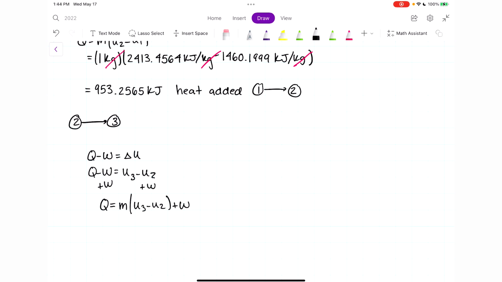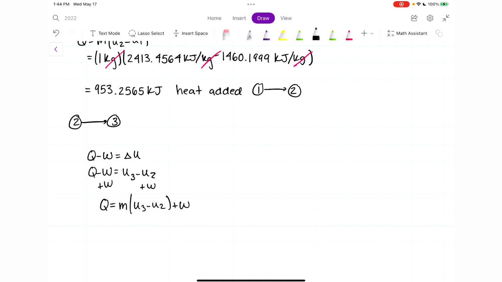Again, we multiply times mass because our table gives us our internal energy in terms of kilojoules per kilogram. So in order to get rid of those per kilogram, we have to multiply it times the mass. And we added work on both sides so that we can solve for Q. Luckily for us, we solved for work already.